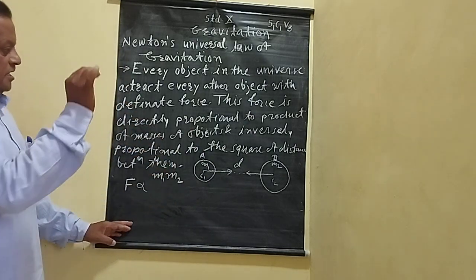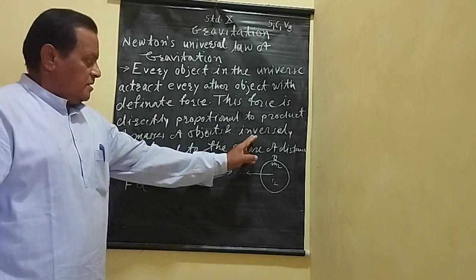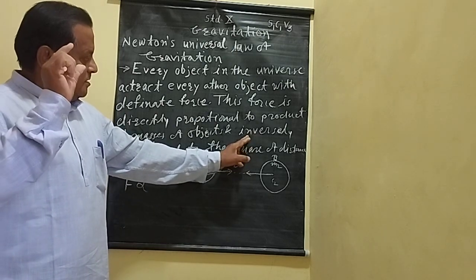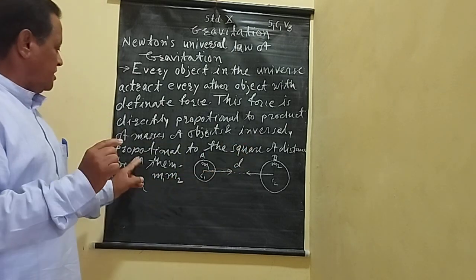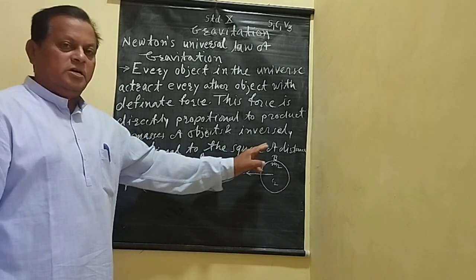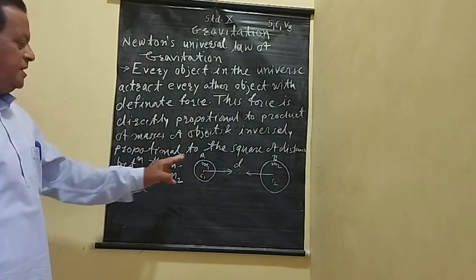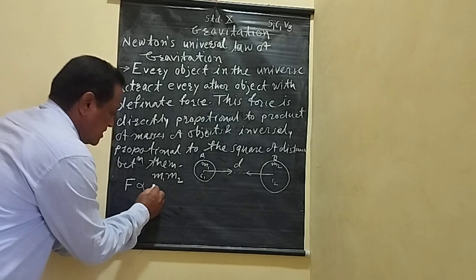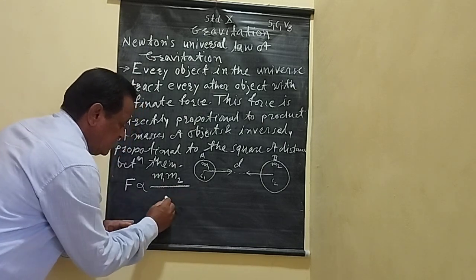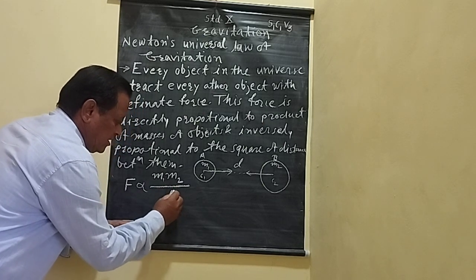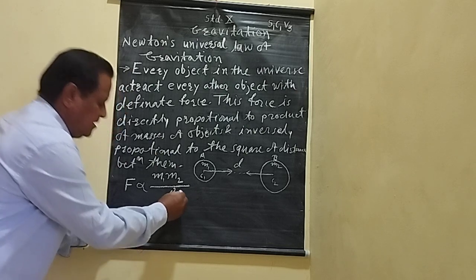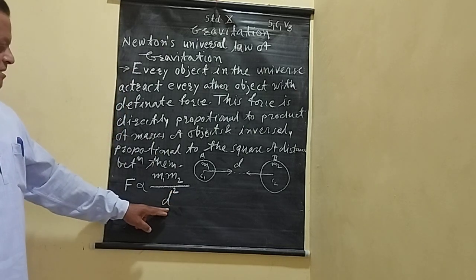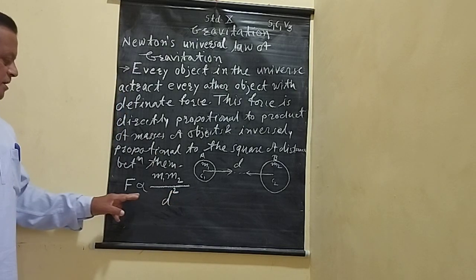Now this force is inversely proportional to the square of the distance between them. Inversely means we will write it here as D, not only D but the square of the distance. Now we can write this law.